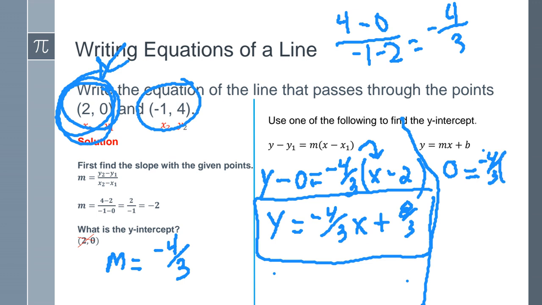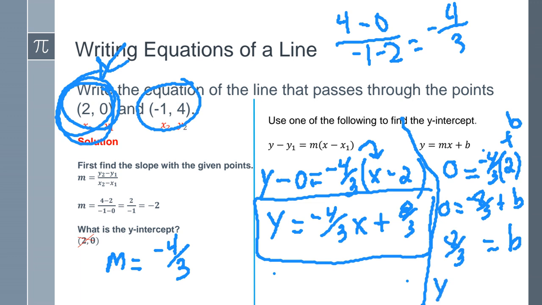So negative 4 times 2 is negative 8/3, and then we have plus b. Essentially, you're looking for b, so b is going to be equal to 8/3. And now you just plug it in. So y is equal to your slope, negative 4/3 x, plus b, which is 8/3. And so we end up with the same answer.